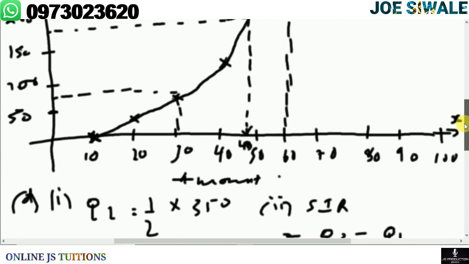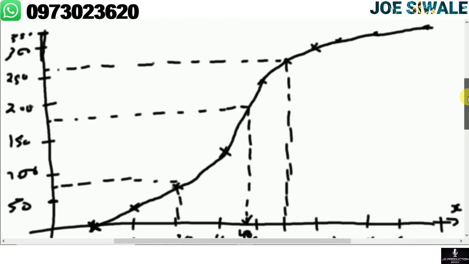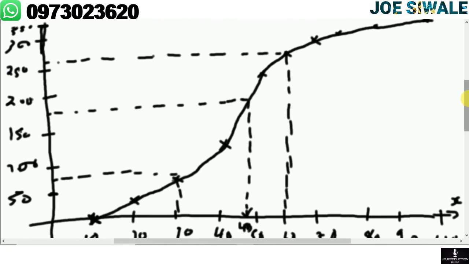Since our x-axis represents the amount and we have been told 75, and 75 we know it's in between 70 and 80. So let us plot that to the curve.